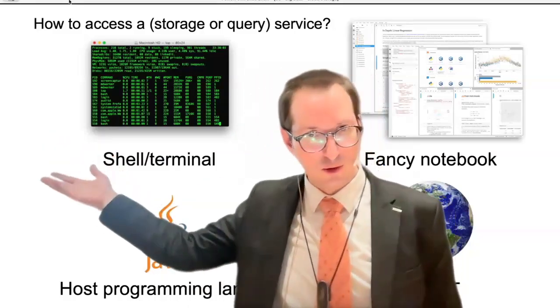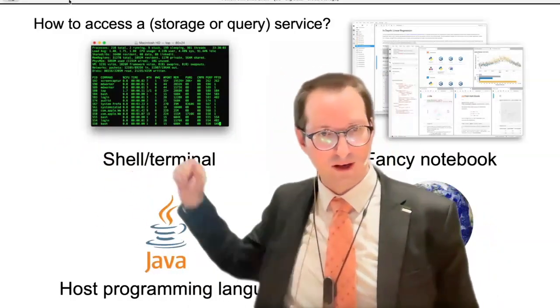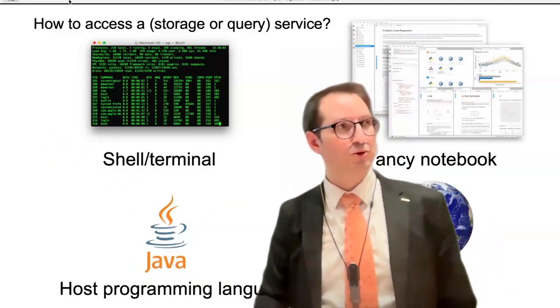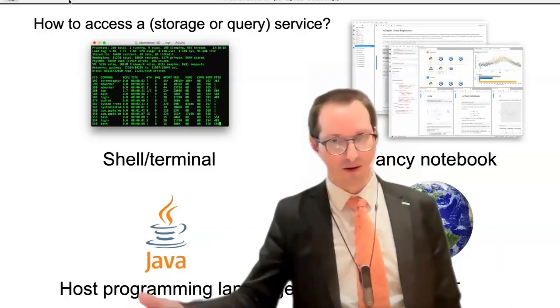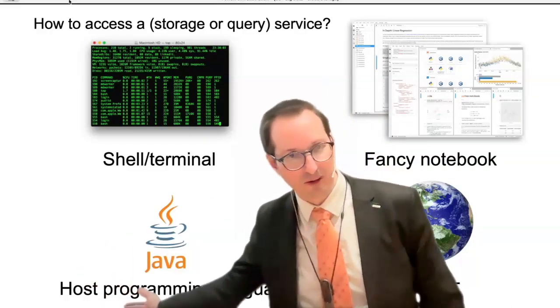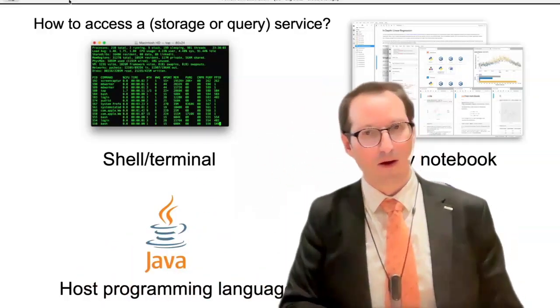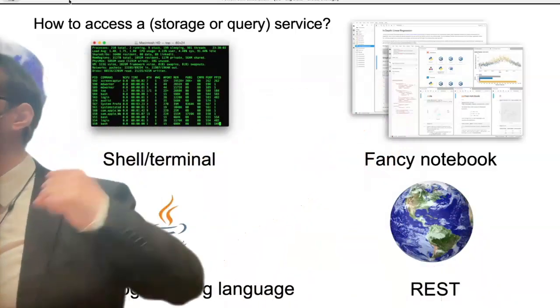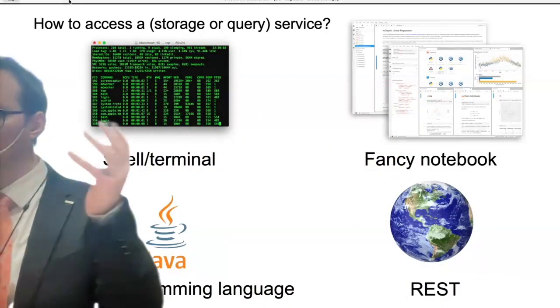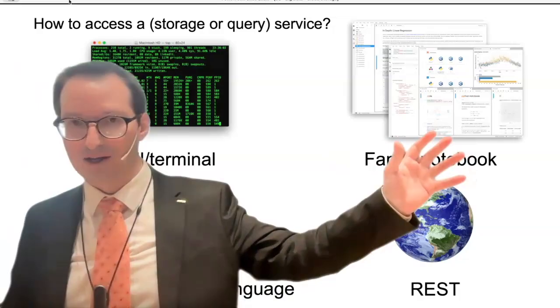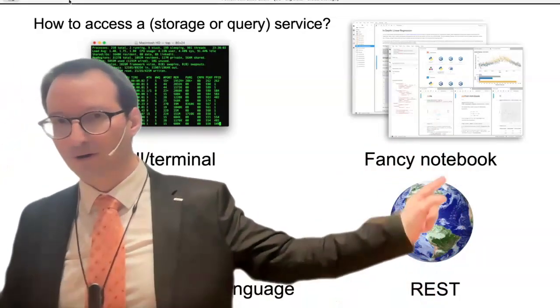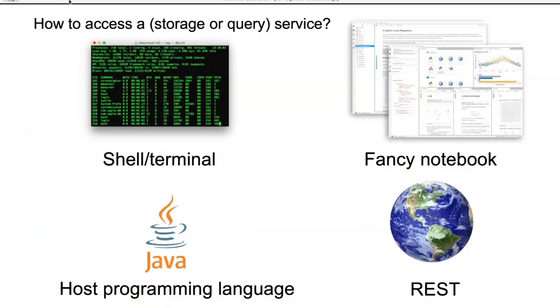You can access Amazon services via CLI, via terminals. Or maybe you want to use a programming language, Java, Python, R, and you connect to it via an API in a programming language. Or maybe you connect to it via a Jupyter notebook. You install some magic and then you just write in the cells. Or you connect to it via HTTP, via a network protocol.